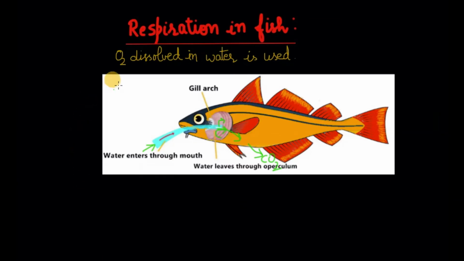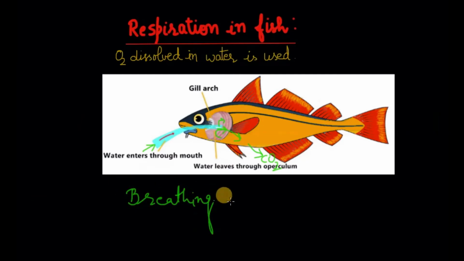But as they consume the oxygen dissolved in water, and as compared to air, the amount of oxygen dissolved in water is always less, these aquatic organisms need to breathe very fast.